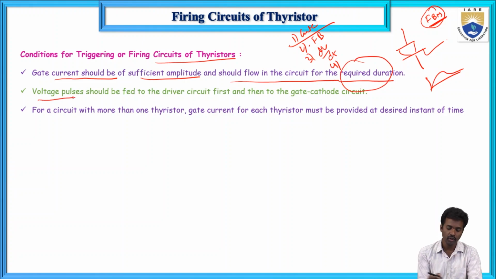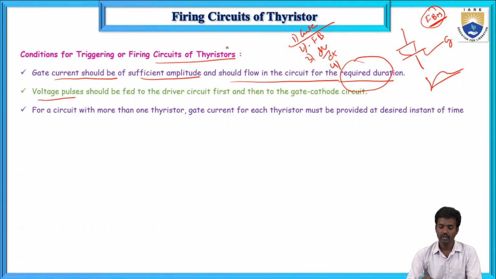Next, voltage pulses should be fed to the gate drive first, then given to the gate cathode. First, the gate pulses should be given to the driver circuit, and after that they will be given to the gate cathode circuit.